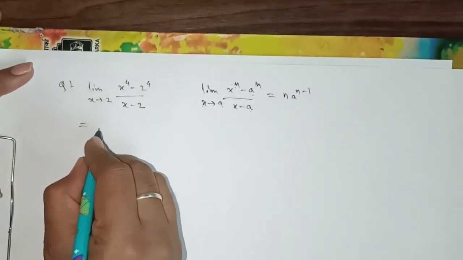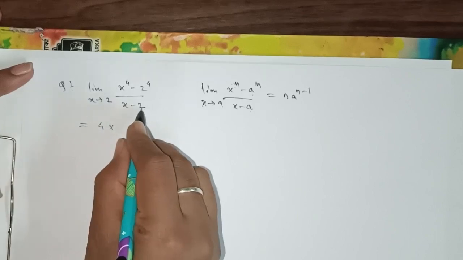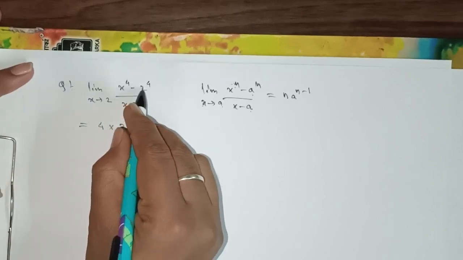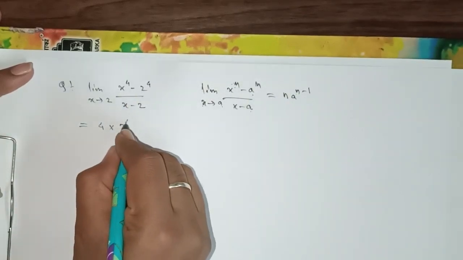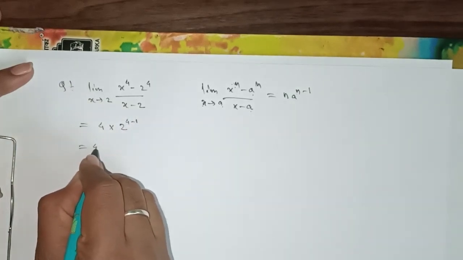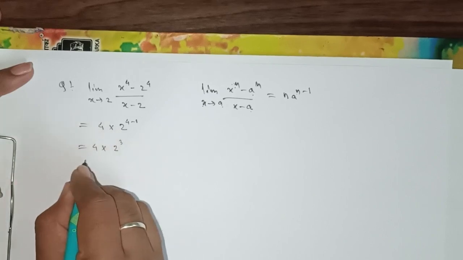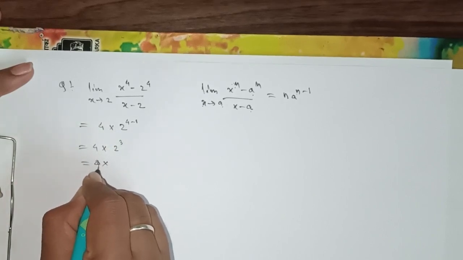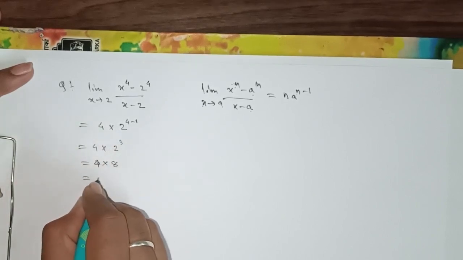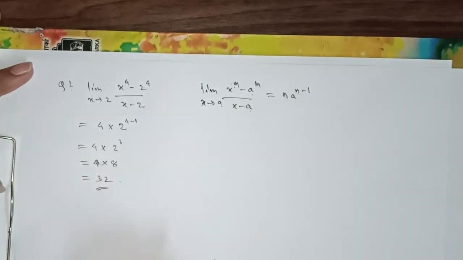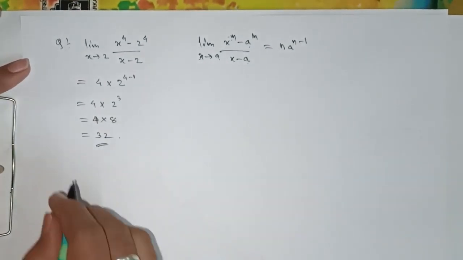So n here is 4, so 4 into a, which is 2, to the power n minus 1, that is 4 minus 1, so 4 into 2 to the power 3, that is 4 into 8, we get here 32. That is our answer. Another question you may try by yourself.